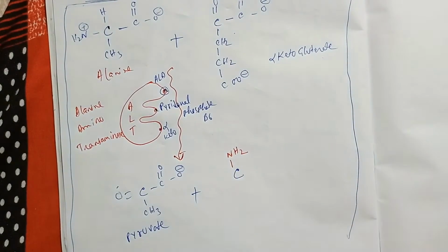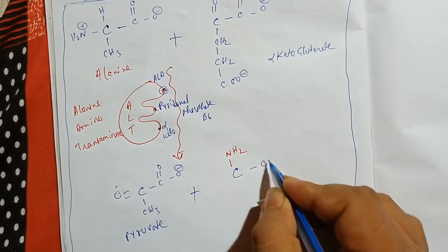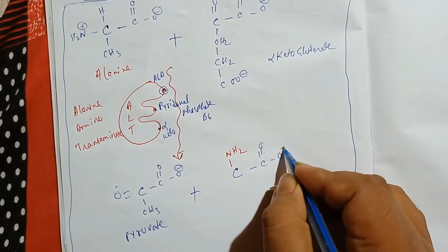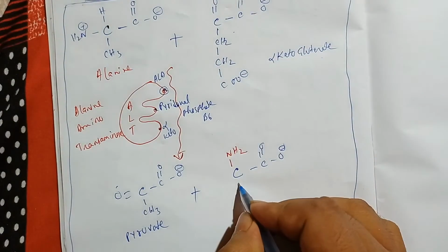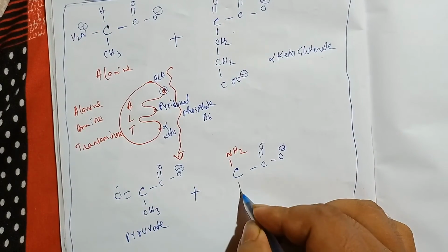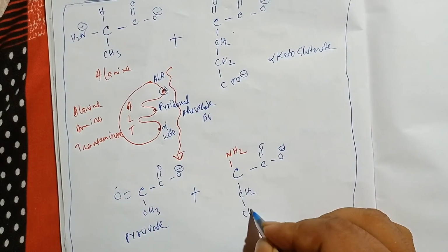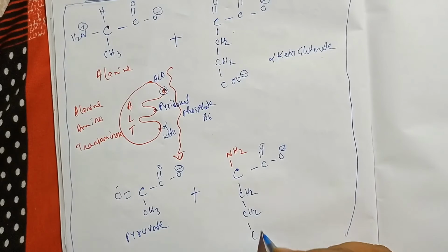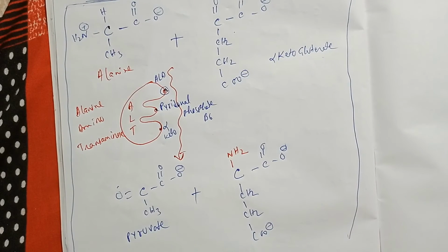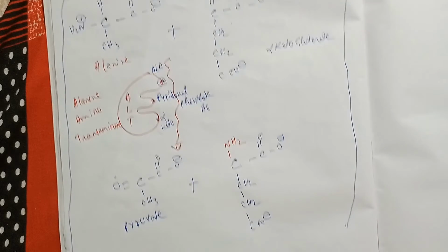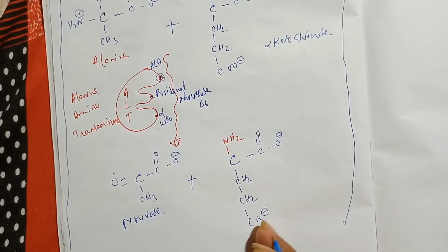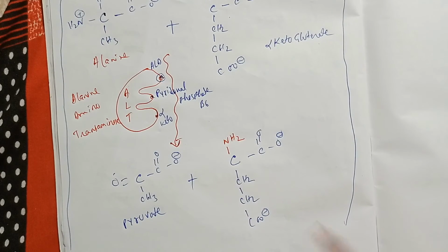Then we get C double bond O minus, then CH2, CH2, and C double bond O minus. Now guys, this is the structure of glutamate.